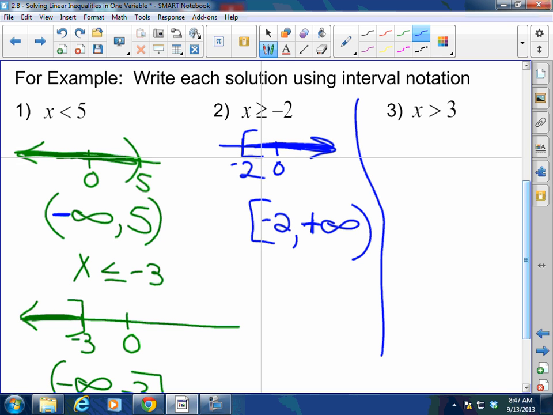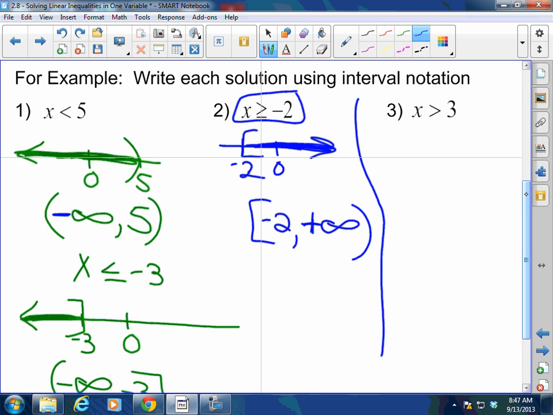Okay, let's review. This is the solution. But I'm going to ask you, and professional mathematicians, and the SAT and the ACT and all of these tests are going to ask you sometimes to write it in interval notation.